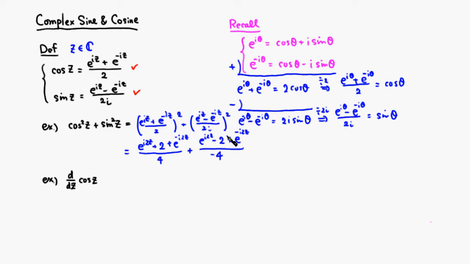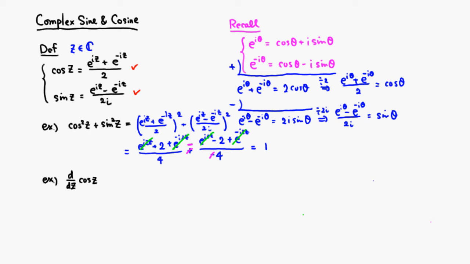So I'm going to incorporate this and turn this into a negative sign here. So we can cancel: e to the i 2z minus e to the i 2z, same thing, and e to the negative i 2z, e to the negative i 2z, so they cancel out. And you have 2 over 4 minus negative 2 over 4, so that's 4 over 4, which is going to be 1.